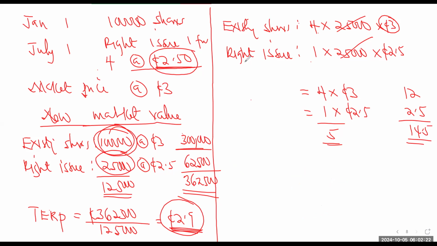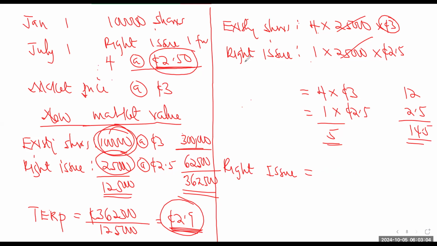So sometimes you can calculate the rights issue fraction. So the rights issue fraction is calculated like this. The rights issue fraction is what we call the cum-rights price over the ex-rights price.